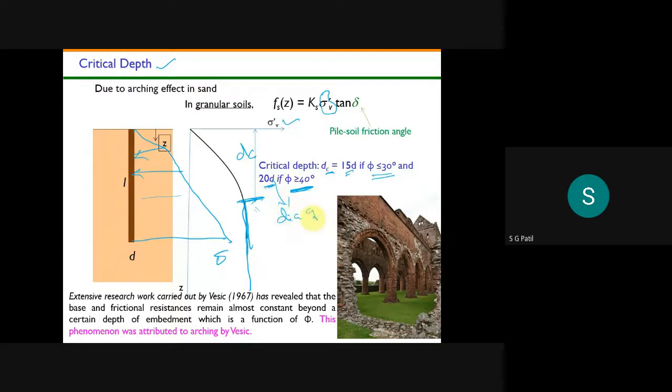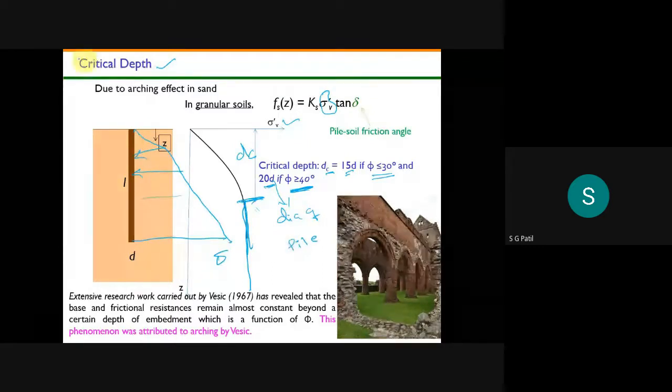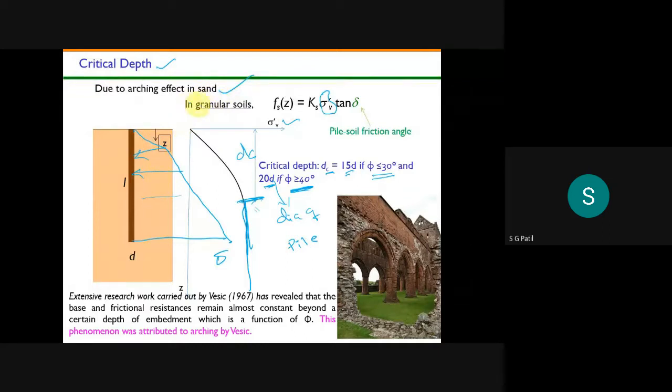Okay, so this is the diameter of the pile. This critical depth concept will happen only in sand, not in clay.